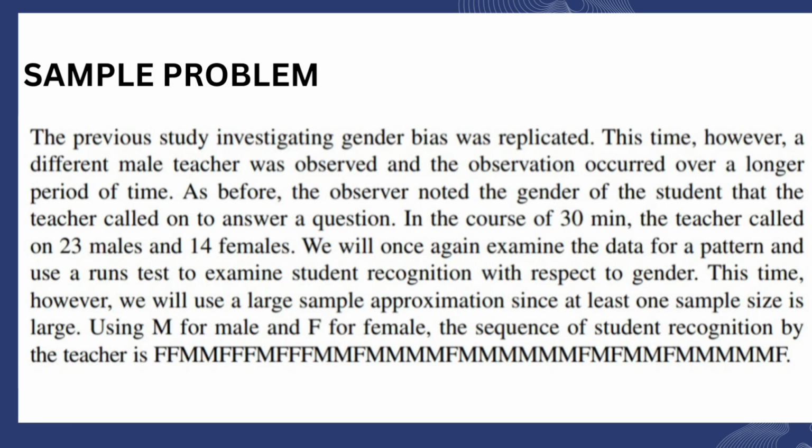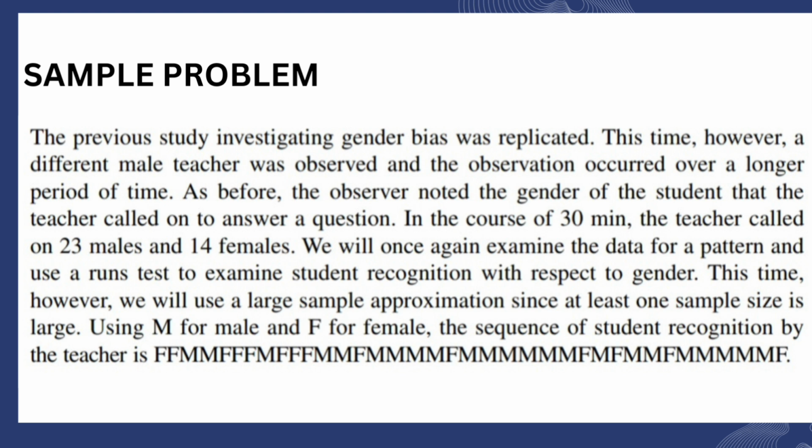Sample problem. This problem involves analyzing a sequence of observations to assess potential gender bias in student recognition by a male teacher. The observer recorded the gender, male, which is M, and female, which is F, of each student the teacher called on to answer a question.